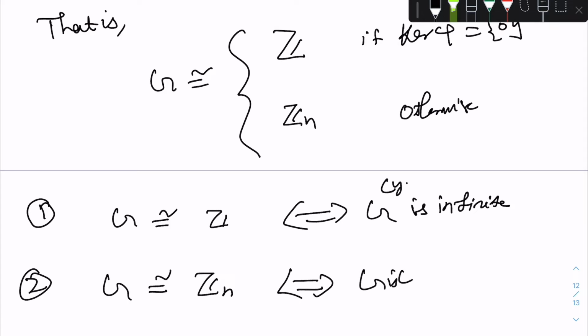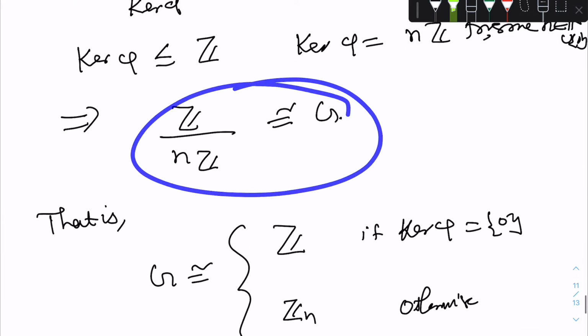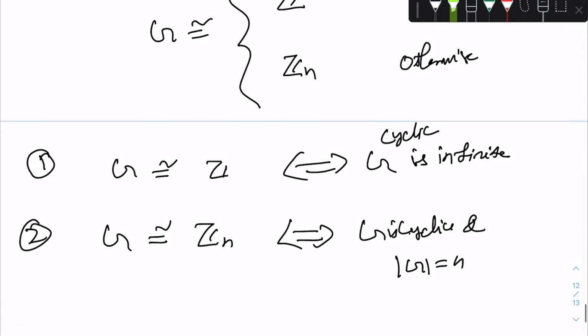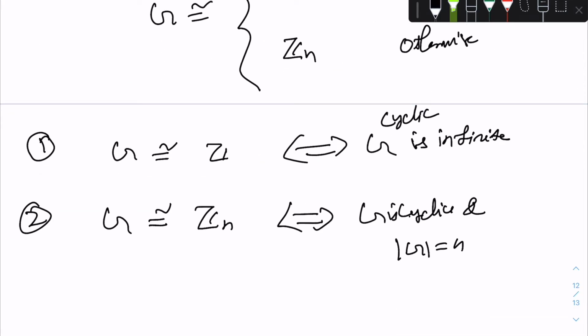First of all, G is cyclic, and you know that the size of G is n. Because of the one-to-one onto-ness, the group sizes should be equal. So finally it boils down to cyclicness and the size.